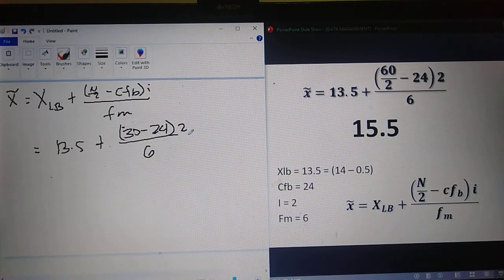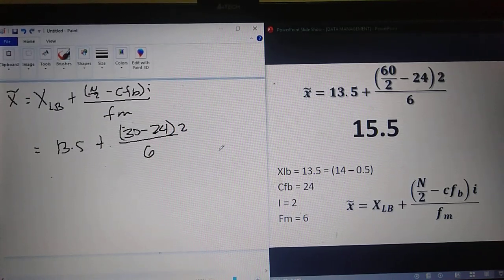Pero pag dinirect mo yan na hindi mo alam yung mga groupings, it will give you different answer. So, much better, step-by-step process tayo para aware, para hindi tayo magkamali. Okay? Slowly but surely.